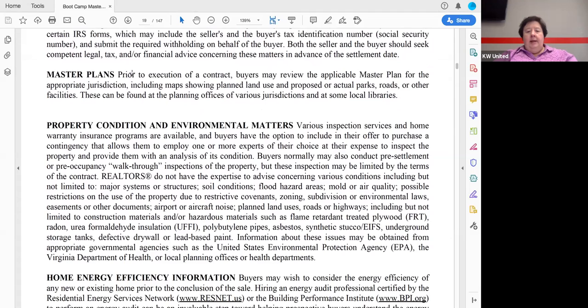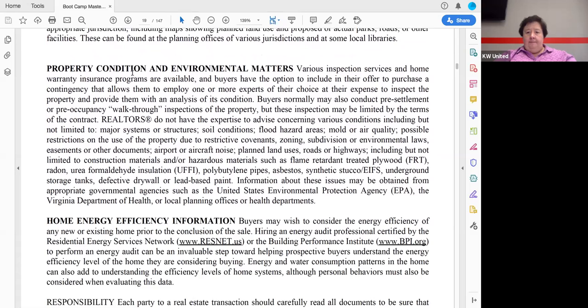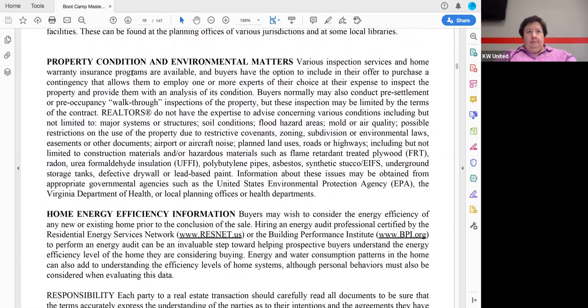Okay, so FIRPTA, people seem to gloss over that. Other parts of the state, it's probably not a big deal, but in our area, it can be a big deal. Because you don't have to be a citizen to buy property. You never have had to be.